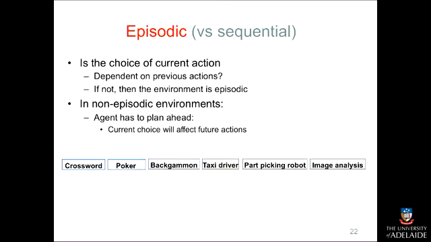Okay? So our current choice is going to affect what we do later on. So there's a need for us to plan in a sequential or non-episodic environment. Whereas in an episodic environment, there's no need to plan. We can just say, at this particular point in time, I have full knowledge, I can make this action and not worry about how that's going to affect things later on.